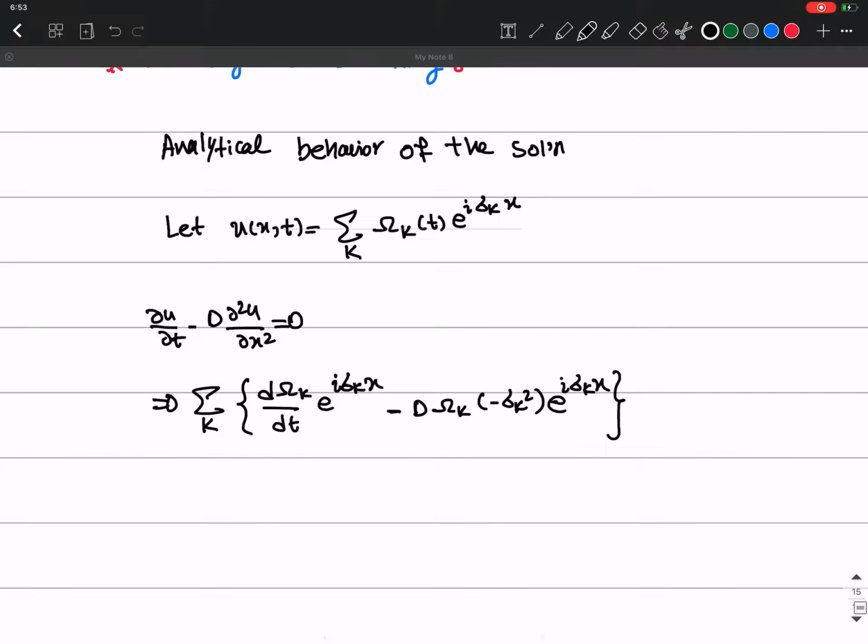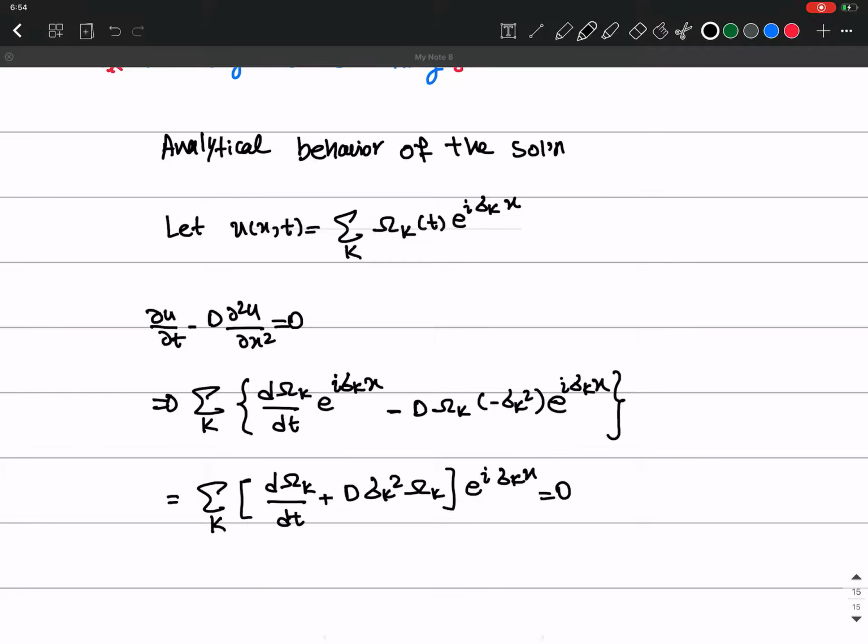Okay, so this gives me sum over k of d omega_k over dt e^(i sigma_k x) plus D sigma_k squared omega_k e^(i sigma_k x) equals 0.